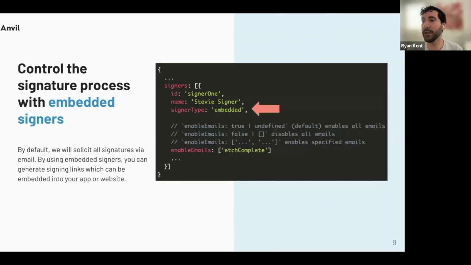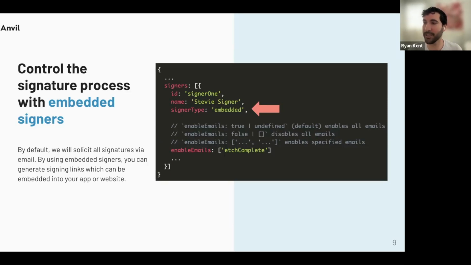By default, we will solicit all signatures via email. But you can customize that using embedded signers. You can generate signing links, which can be embedded into your app or website. To set up an embedded signer, set the signer type of any signer in your packet to embedded. That signer will not be sent an email when it's time to sign.